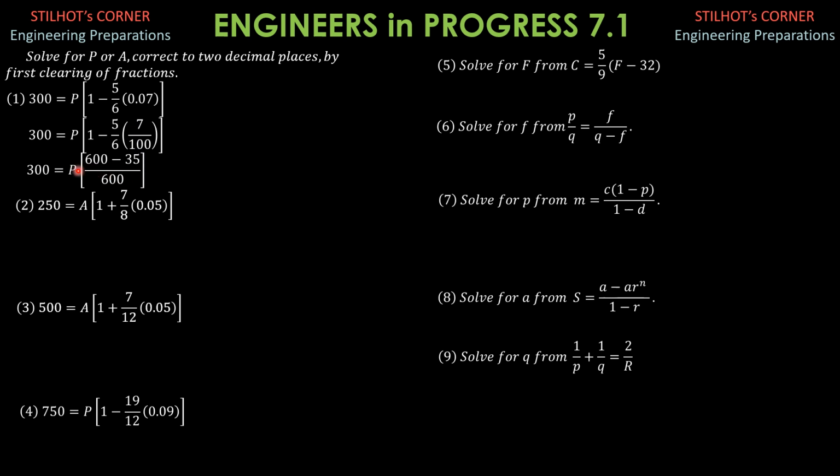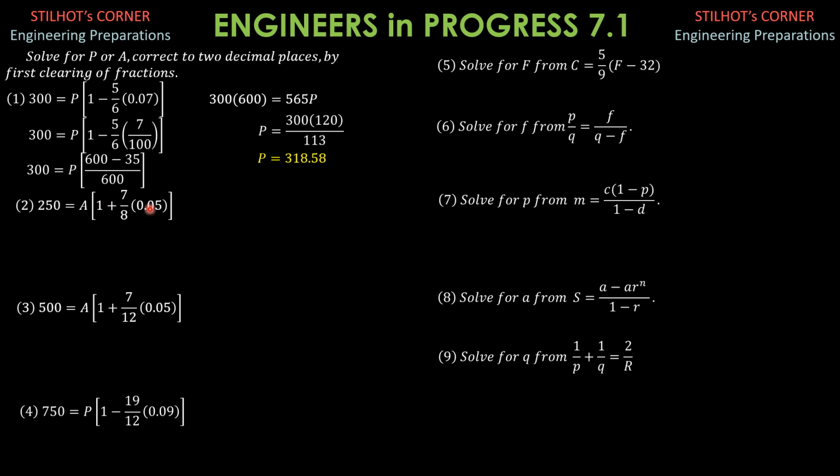Solving for P, it is 300 times 600 over 565, since 600 minus 35 is 565. So 300 times 600 equals 565P. Dividing everything by 565 and using your calculator, P is 300 times 600 over 565, and in decimal to 2 decimal places, it is equal to 318.58.